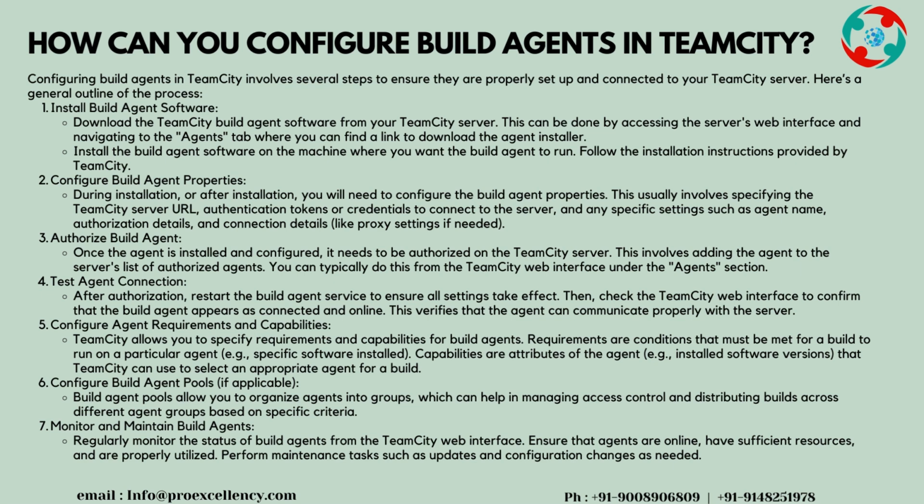Capabilities are attributes of the agent, for example, installed software versions, that TeamCity can use to select an appropriate agent for a build. Configure build agent pools, if applicable. Build agent pools allow you to organize agents into groups, which can help in managing access control and distributing builds across different agent groups based on specific criteria.